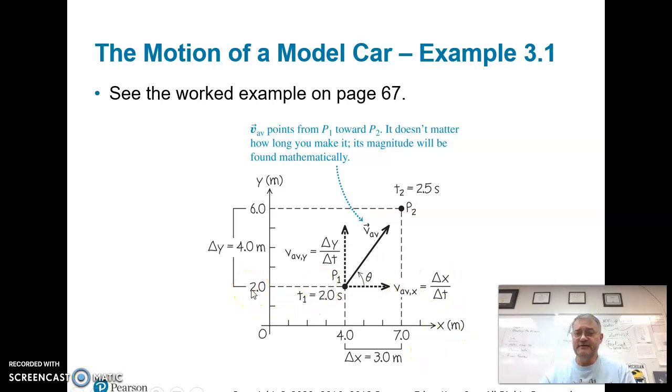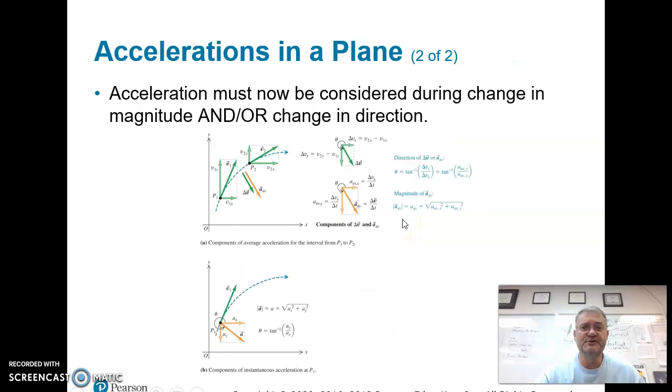I do not take the time to do those videos because they're so well done and convenient to use in the e-text. So I would encourage you to take a look at problems like, for example, this one, the motion of a model car, which started at a certain point and then had its motion go during a period of time and over a certain distance, and they make the calculations. So I'd encourage you to watch those videos.